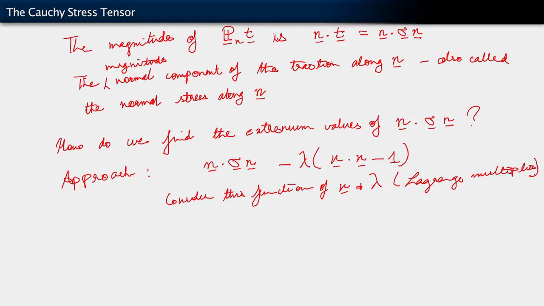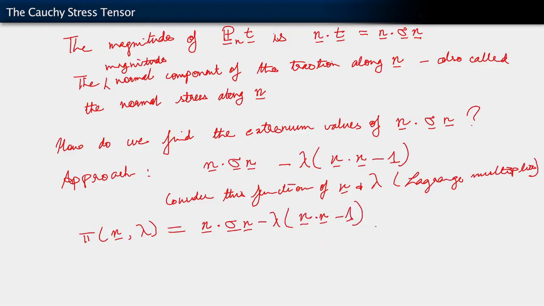So let's suppose that we have this function. Let's write it as pi. It depends upon a direction n and the Lagrange multiplier lambda, and it is n dot sigma n minus lambda times n dot n minus 1.